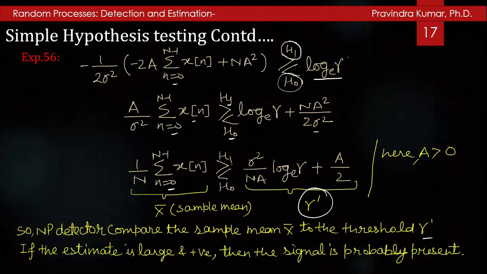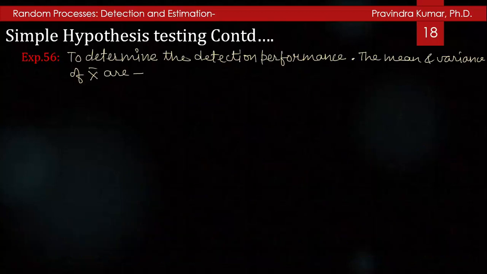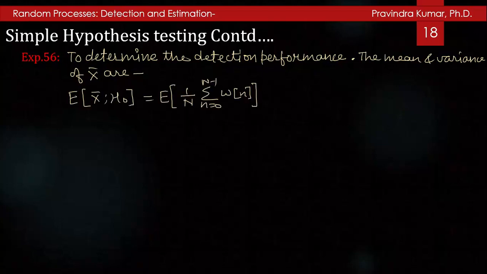If the estimate is larger and positive, then the signal is probably present. Now, to determine the detection performance, we need the mean and variance of the sample mean. The mean under hypothesis H0 is equal to the expected value of 1 upon n summation n = 0 to n minus 1 omega n, because under hypothesis H0 only noise is present.